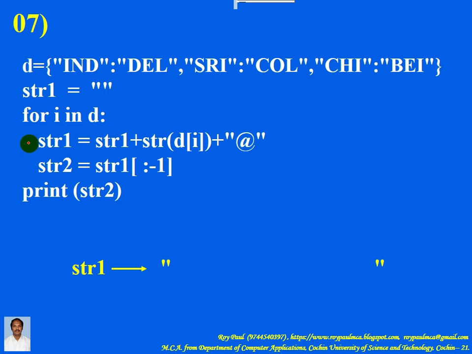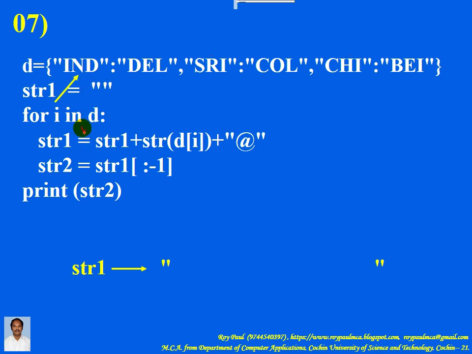Now for I in D, if you simply write the dictionary name, by default you will get each and every key. So I is pointing to the first key, India, IND.